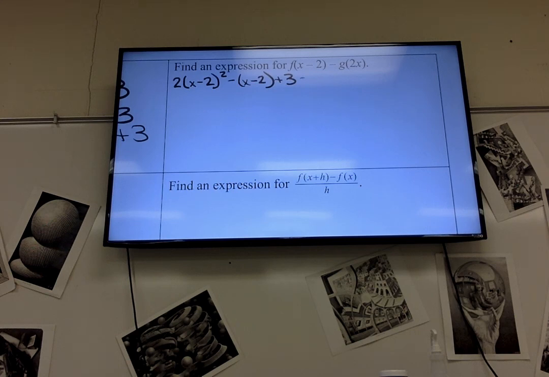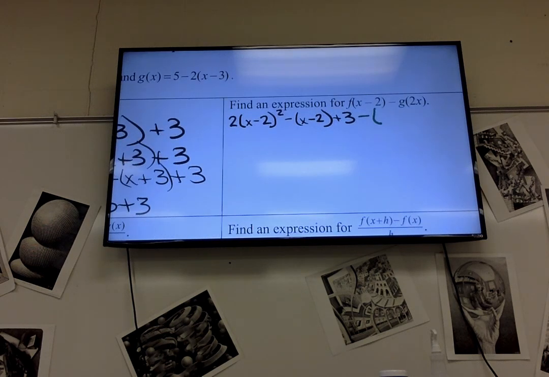And then we minus g of 2x. So we look at the other equation, which is right there. So everywhere I see an x, I'm going to put 2x in its spot. So 5 minus 2 times 2x minus 3.